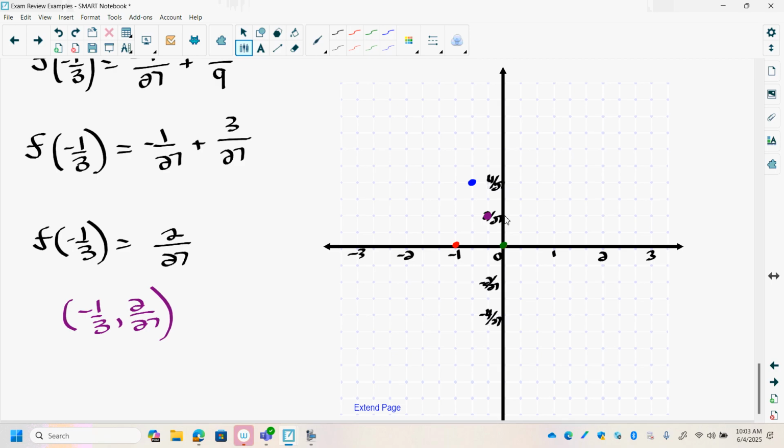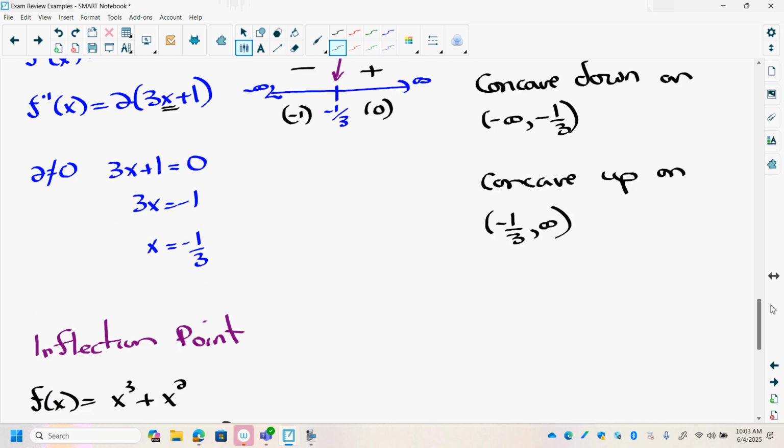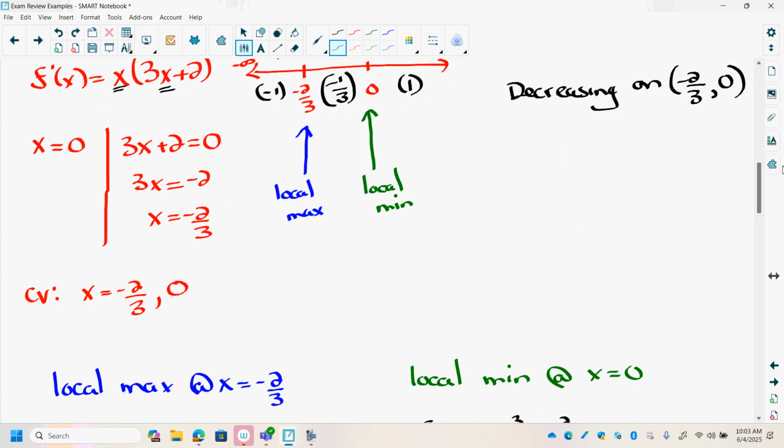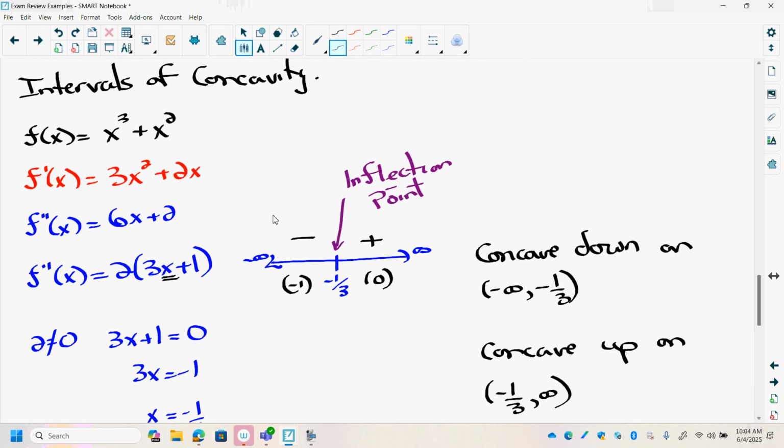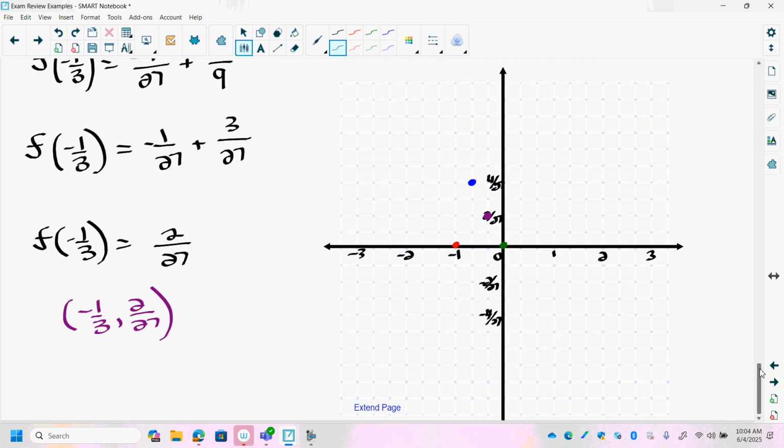So from here, it's a matter of drawing. Keep in mind, it increases, decreases, increases. So it's going to have this general shape to it. And we also know that it's concave down, my curve would be below the tangent lines, and then concave up. So here's what this would look like.